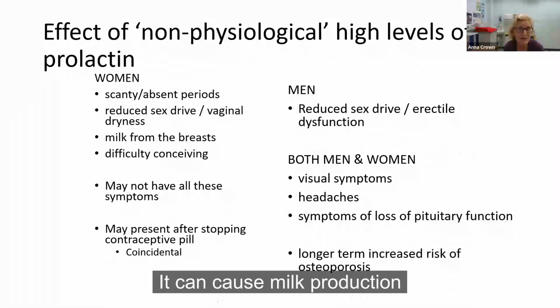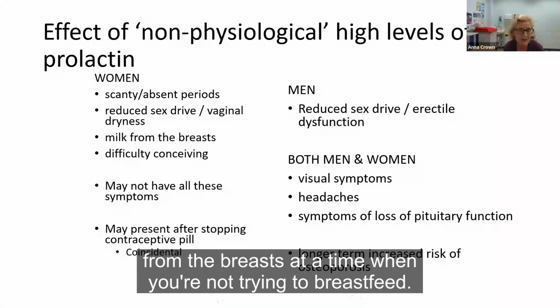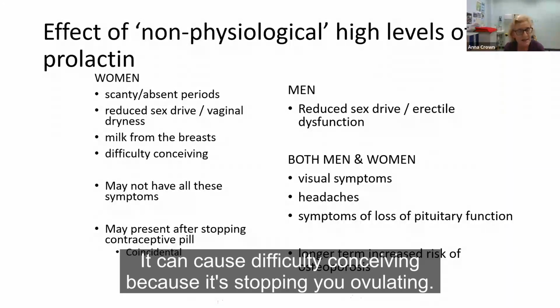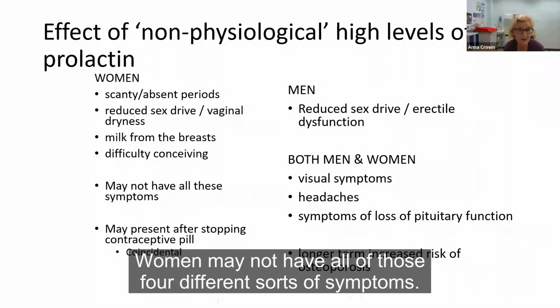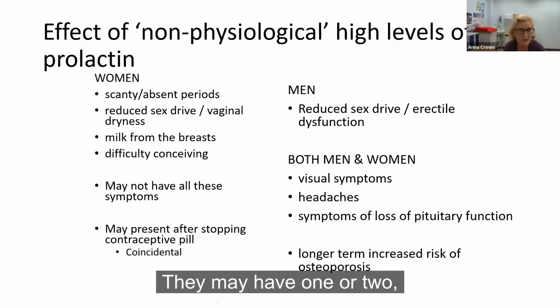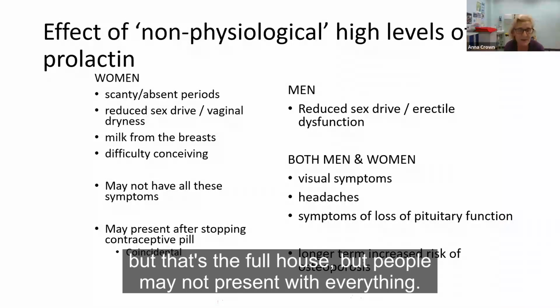It can cause milk production from the breasts at a time when you're not trying to breastfeed. And it can cause difficulty conceiving because it's stopping you ovulating. So women may not have all of those four different sorts of symptoms. They may have one or two, but that's the full house, but people may not present with everything.